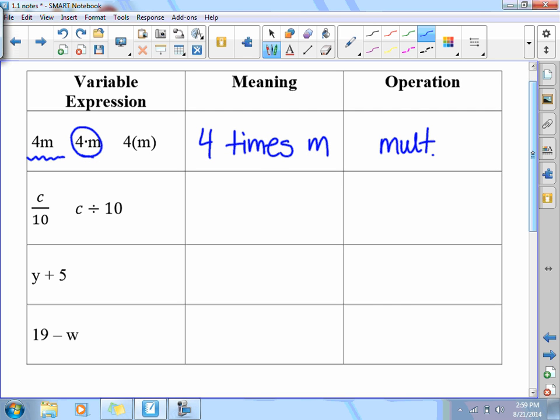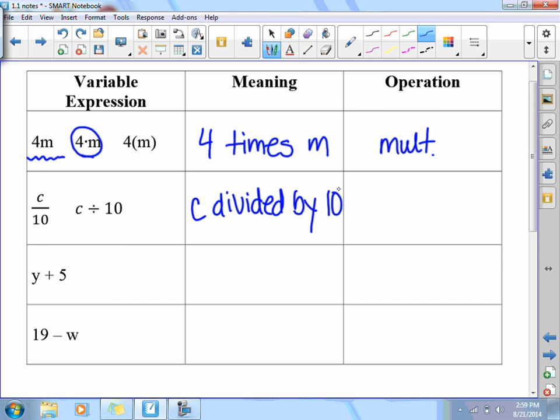The next set of expressions we have is C and then a line and 10, or C divide 10. Both of these mean C divided by 10.